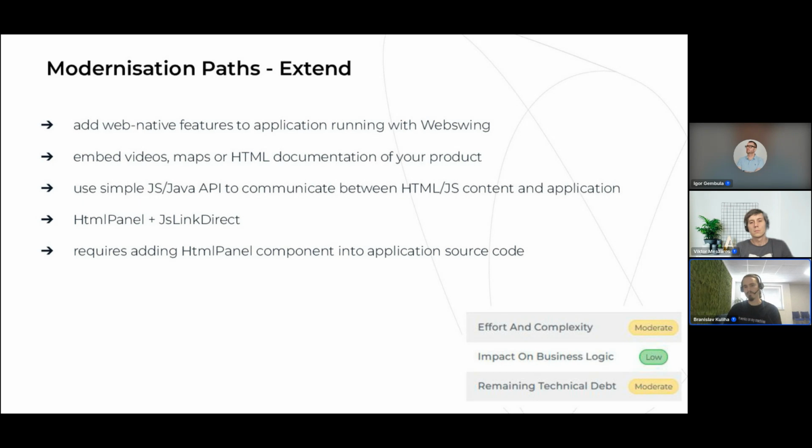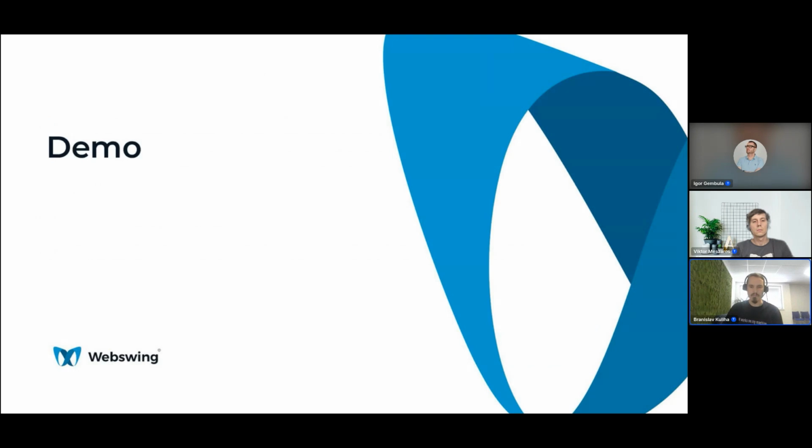You can add new modules, for example. But your remaining technical debt might be a little lower, because you may have replaced some complex thing that you want to present in a new way, and you can modernize some parts of the application. Okay, let's see the demo again.